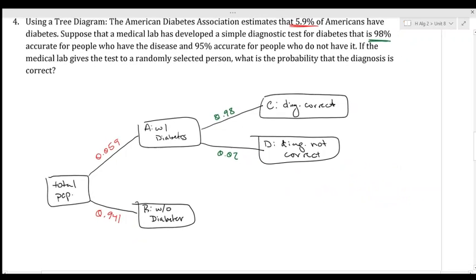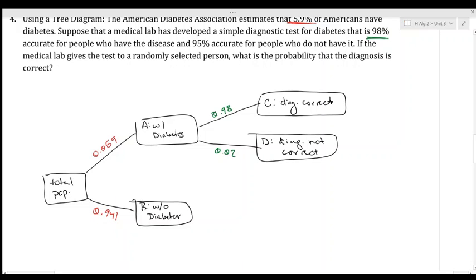Okay, now we got to talk about people without diabetes. So they have the same C and D. Diagnosed correctly versus diagnosed not correctly.